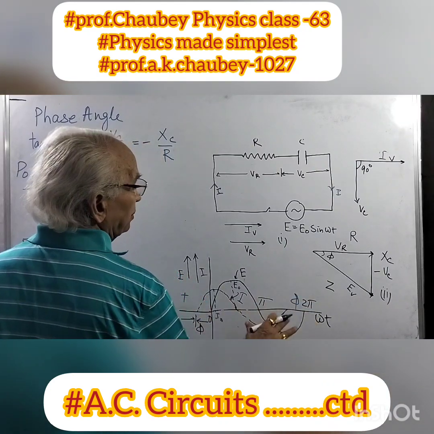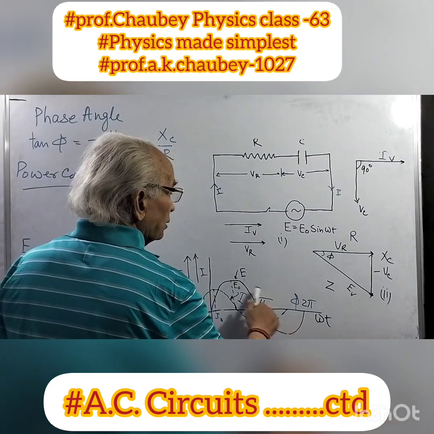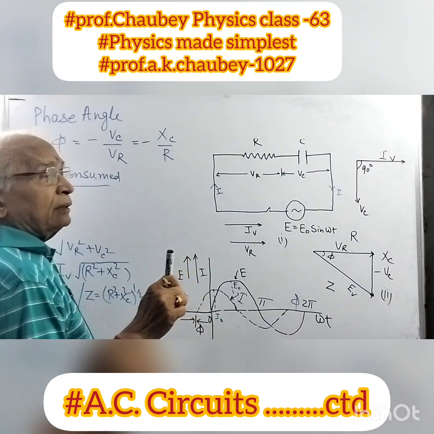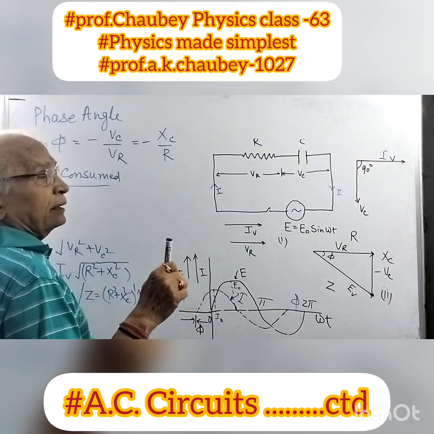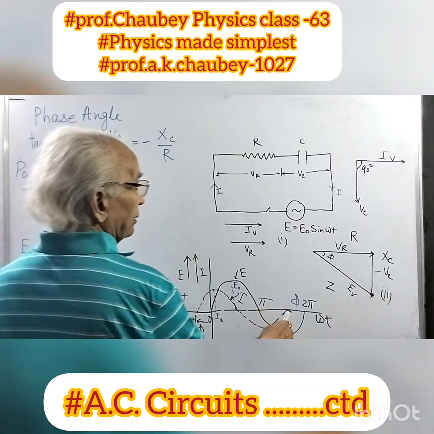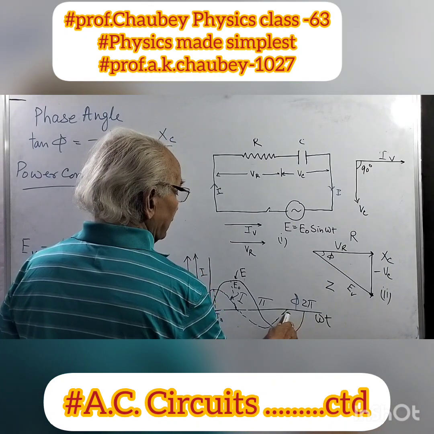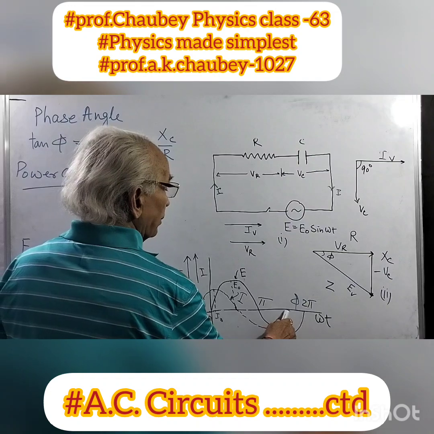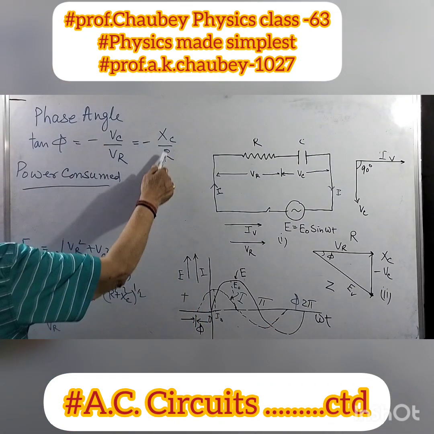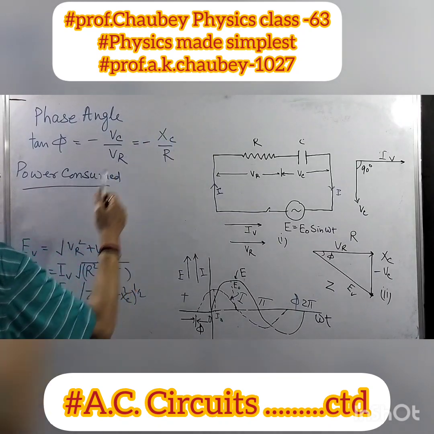Phi is the phase difference between the voltage and the current, meaning voltage of the RC circuit. Remember, voltage of only capacitor lags behind the current. Voltage of the RC combined circuit here is leading by this phase difference phi, current is lagging behind by this phase difference phi, where phi is given by the ratio of the capacitive reactance divided by the resistance.